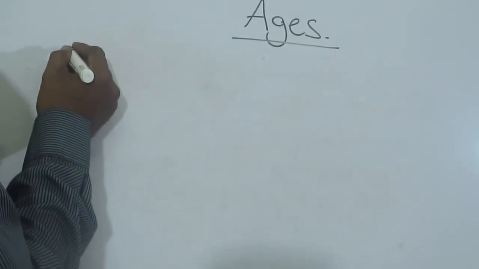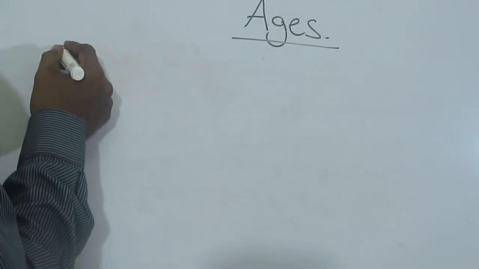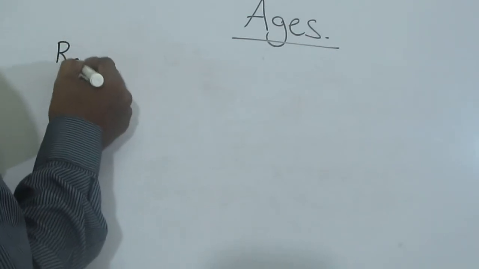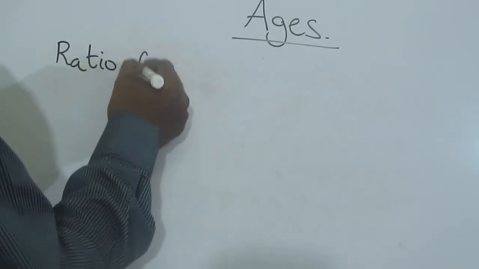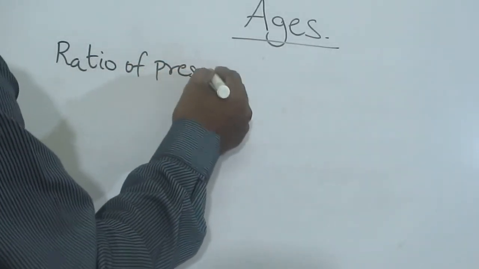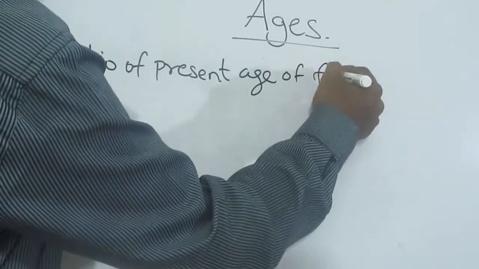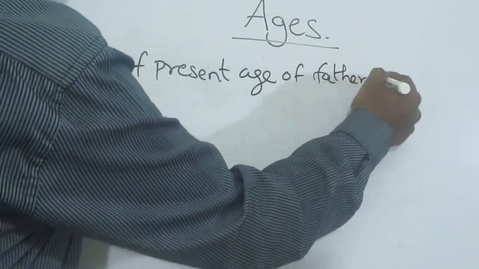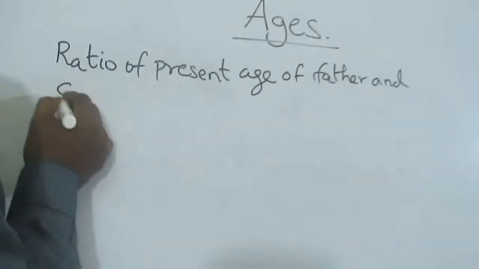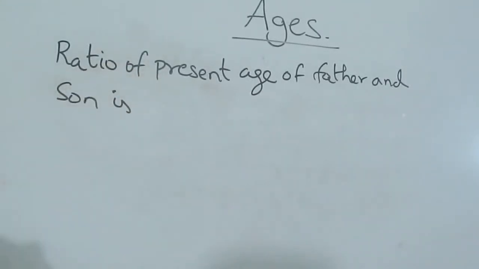A tricky one. Let me write the question. The ratio of the present ages of father and son is 6:1.